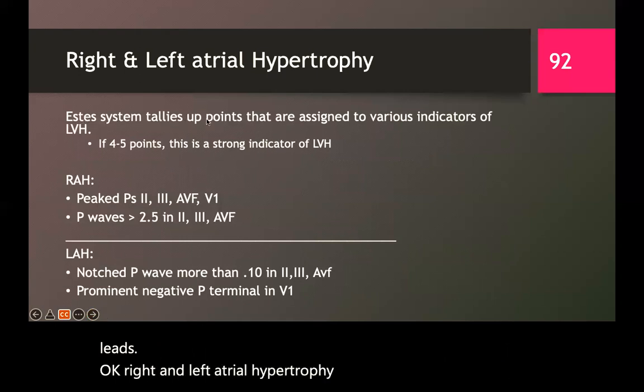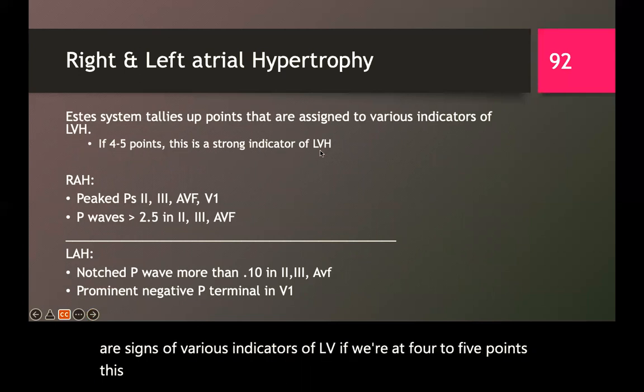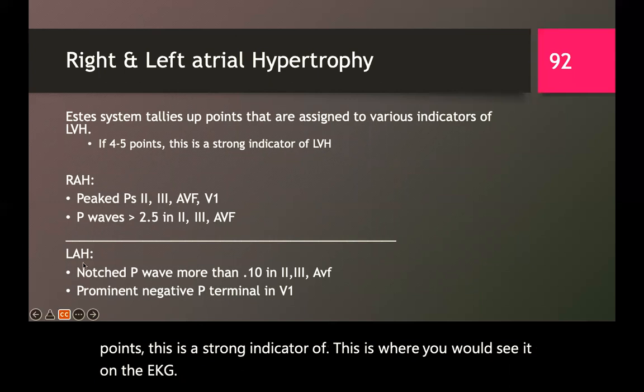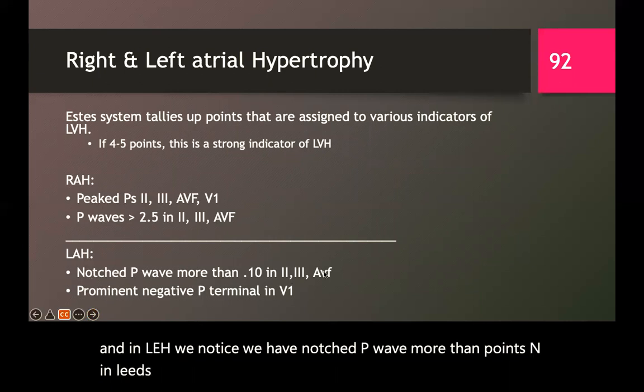The scoring system tallies the points assigned to various indicators of LVH. If we're at 4 to 5 points, this is a strong indicator of LVH. This is where you would see it on the EKG. And in LAH, we notice a notched P wave more than 0.10 in leads 2, 3, and AVF.